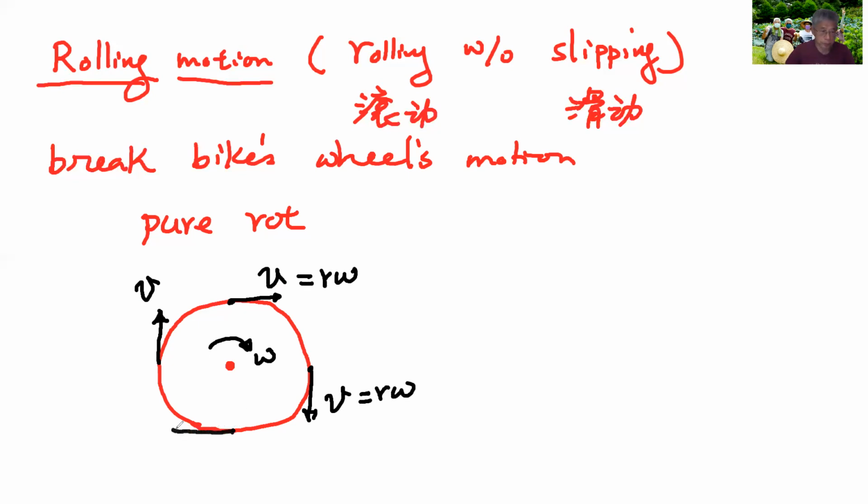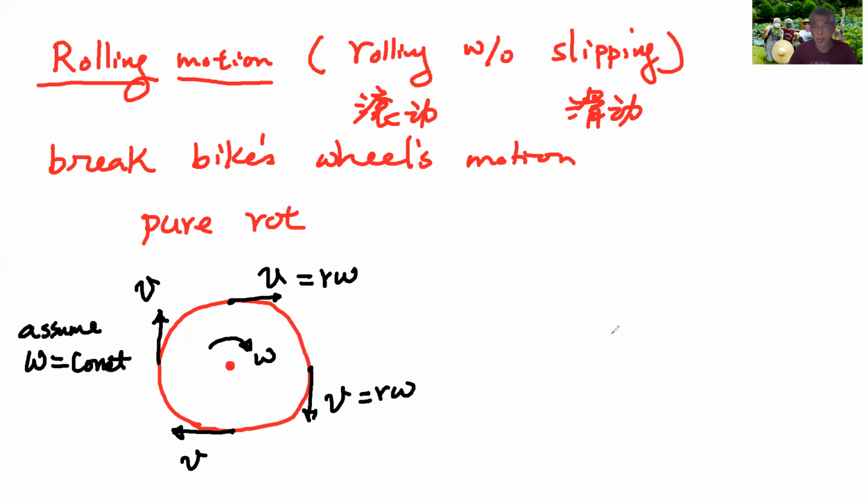Right? So V is the same. So it's pure rotation at constant speed, so omega is constant in this case. Of course, pure rotation can have a changing omega too, but in this case, we assume this is constant.